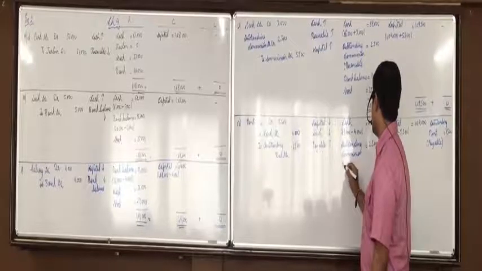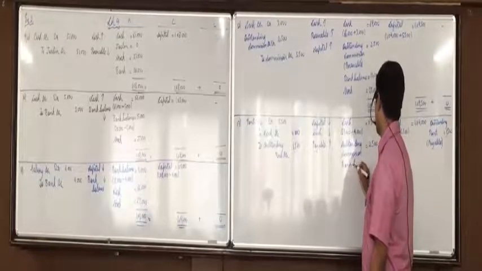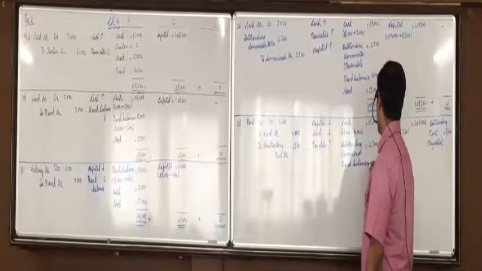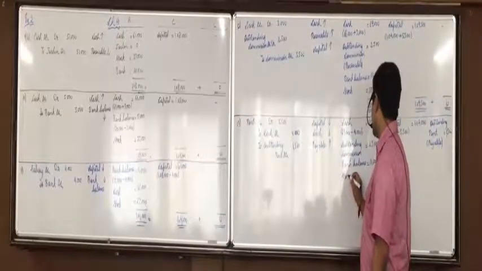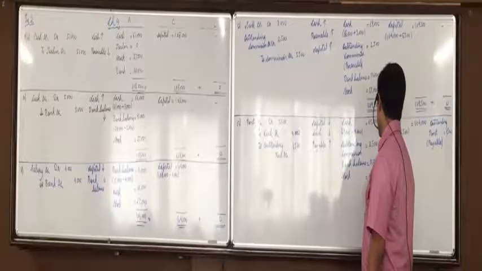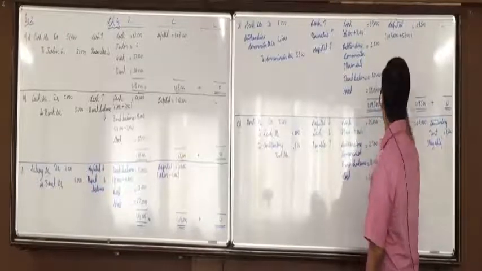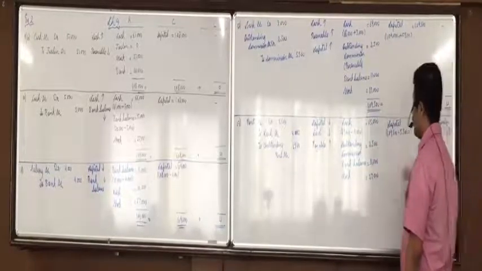Bank balance 11,000. Stock 27,000. Capital we have already written.